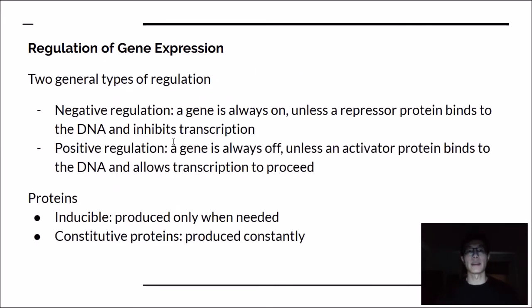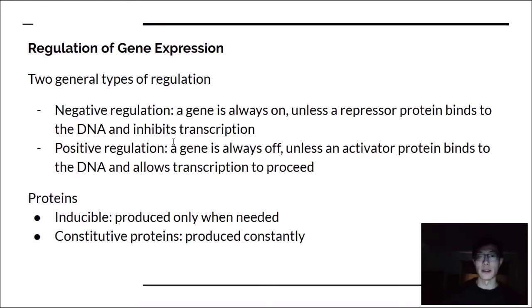When you look at the concept, of course, of regulating gene expression, there's really only two types that are going to be presented in an introductory classroom, the first being negative regulation and the second being positive regulation. So negative regulation is simply a gene that is always on unless a repressor binds to it and basically stops transcription from occurring.